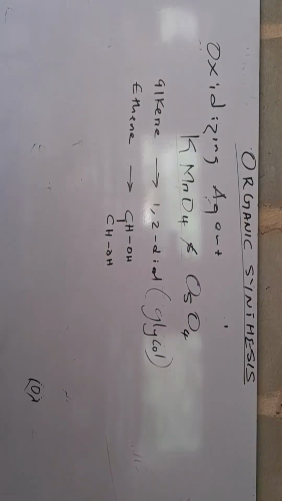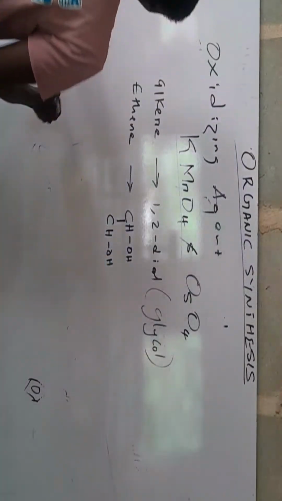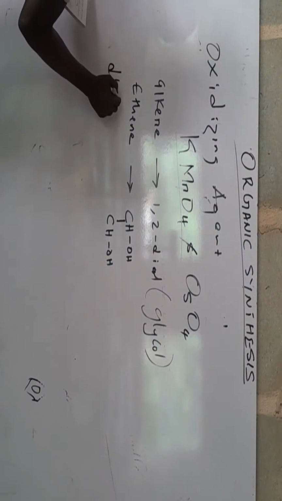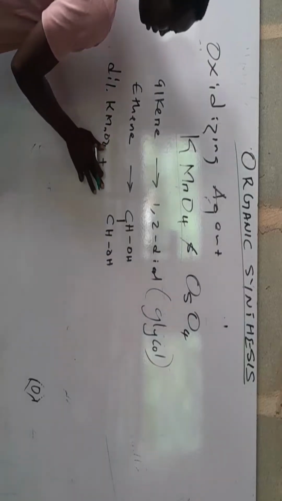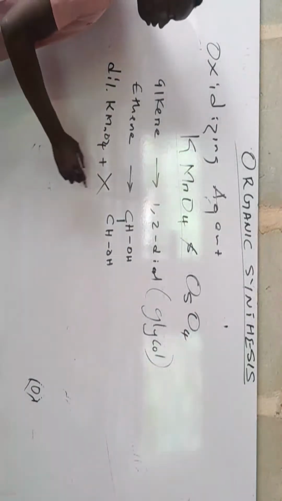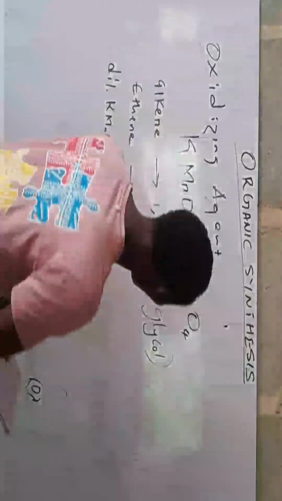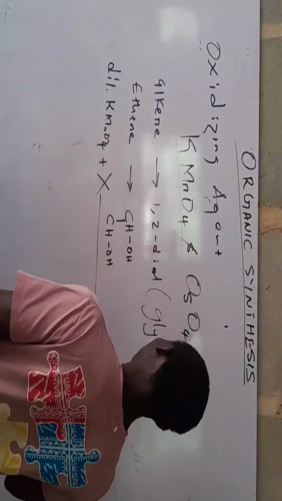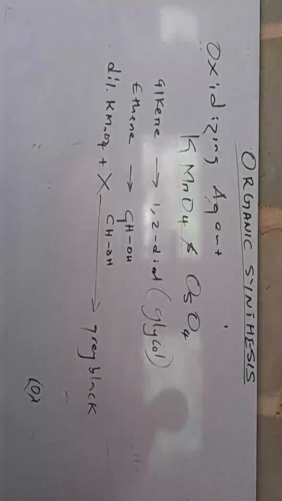What is the test? Add dilute KMnO4 to a sample of the unknown compound. Okay? Take note of that. So if you are using KMnO4 to test, you add dilute KMnO4 to unknown compound X. If the color, which is initially purple, changes to gray-black, that showcases the presence of an alkene compound.